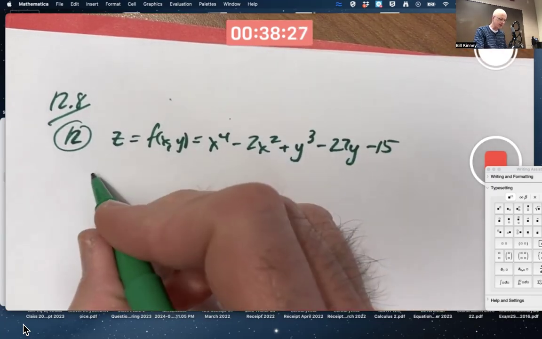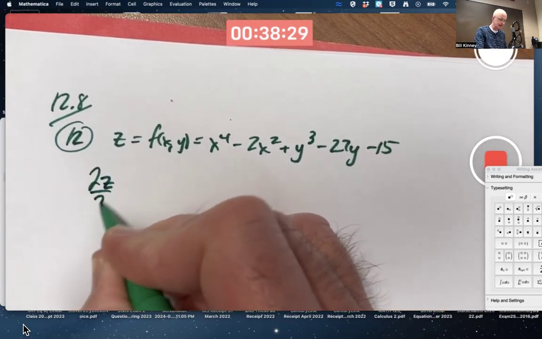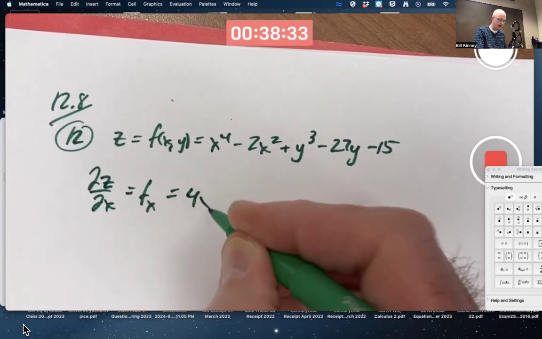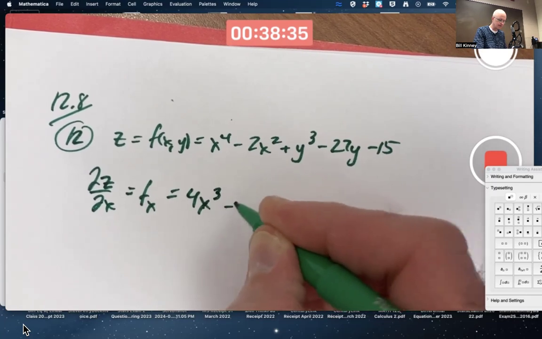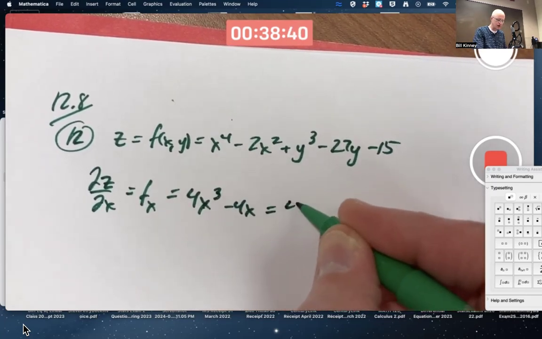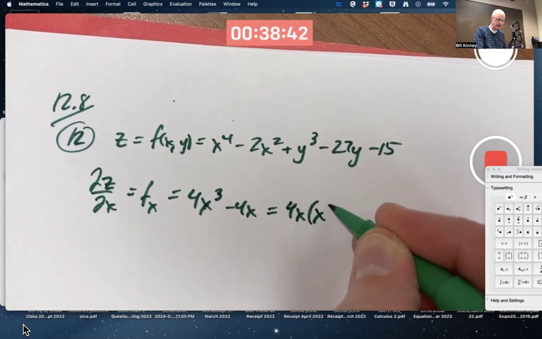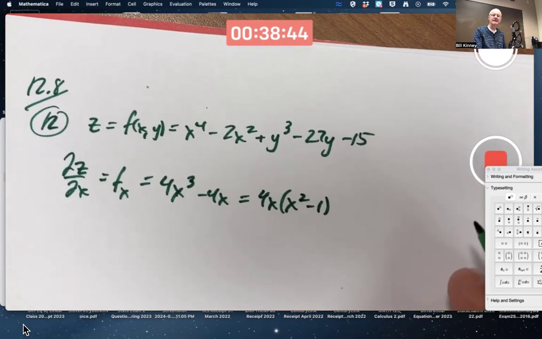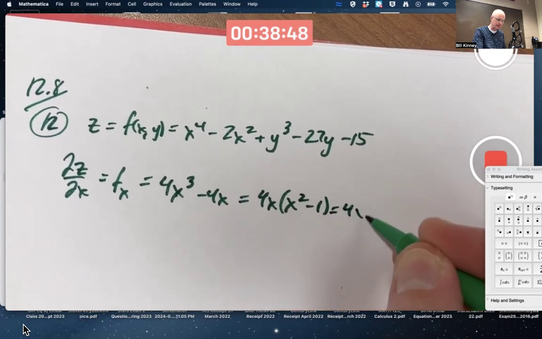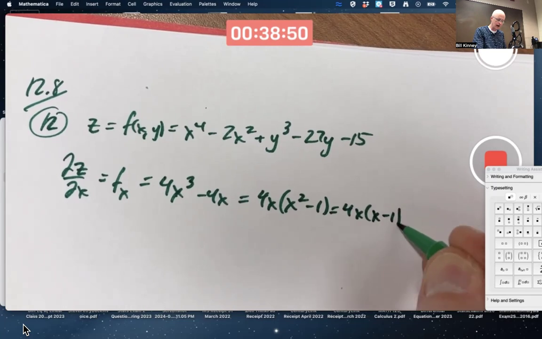All right, so what are the partial derivatives here? dz/dx, or fx if you prefer, is 4x cubed minus 4x, which you should probably factor. It's almost always a good idea to factor things as much as possible, because you're going to be setting these things equal to 0 and solving for x and y.